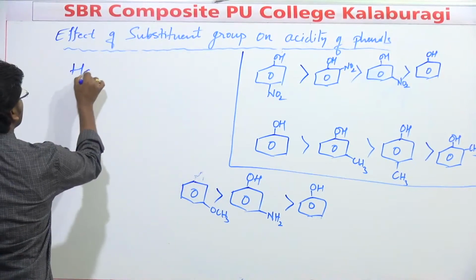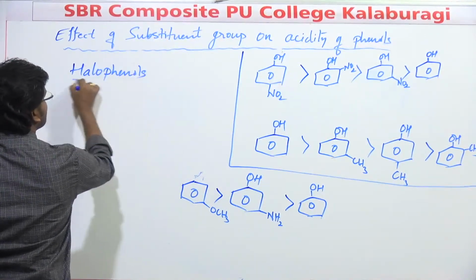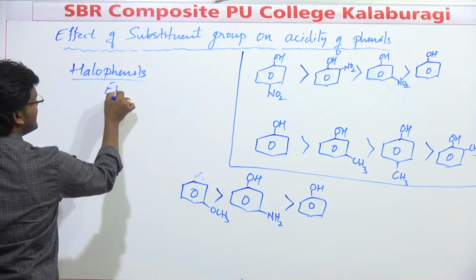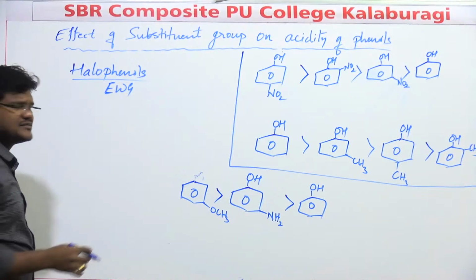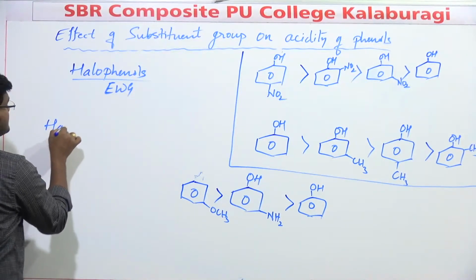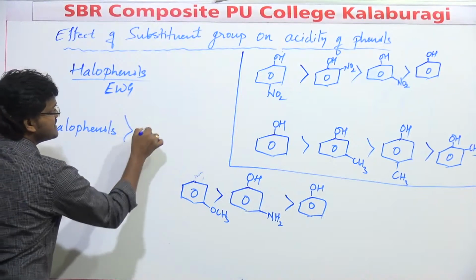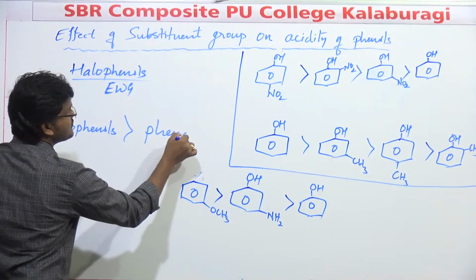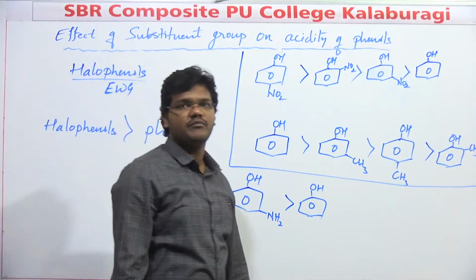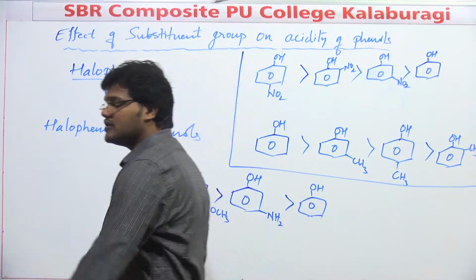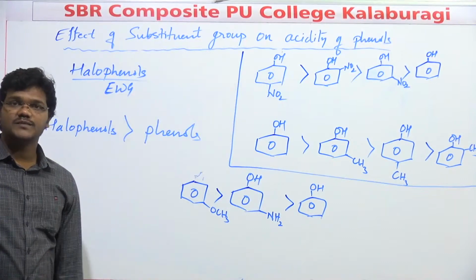All halophenols, because halophenols are nothing but electron withdrawing groups. These halophenols are obviously more acidic than phenols. Right? That you remember. So all halophenols are more acidic than phenols because halogens are electron withdrawing groups.